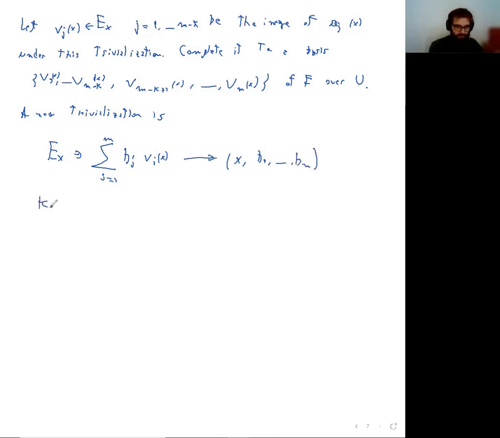And in these new charts, this new trivialization, the kernel of phi is precisely made of those vectors such that the last m minus k coordinates are 0.